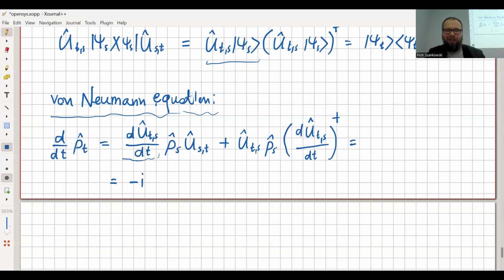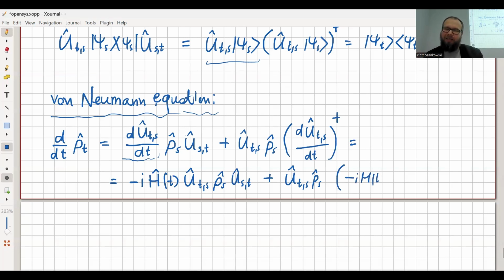It gives us minus i H of t, and brings back the evolution operator U_ST. And on the other side, we have U_TS rho_S. Here we get minus i H_t U_TS, but everything is under the dagger.